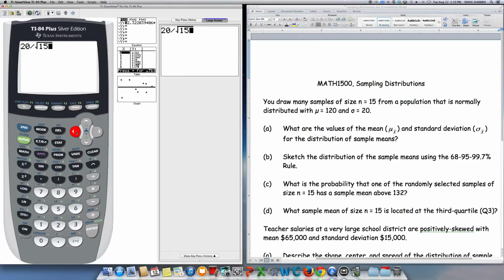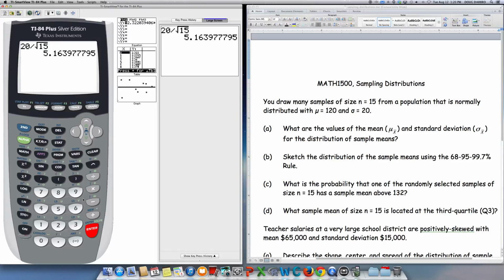Oh, I've got a new calculator here. All right, so 20 divided by the square root of 15. So the standard error, or the standard deviation sigma sub x bar, would be 5.16.